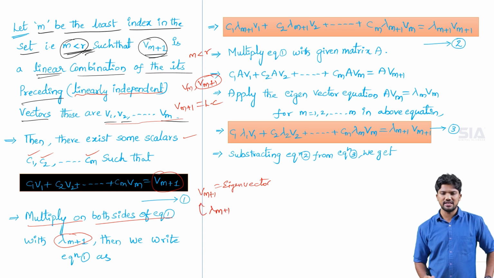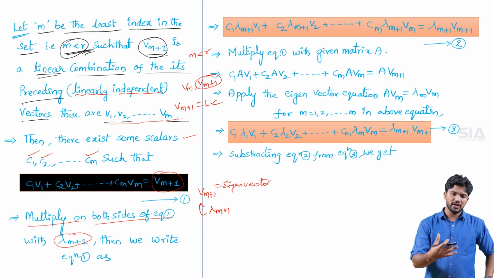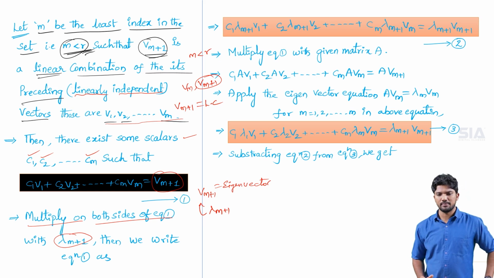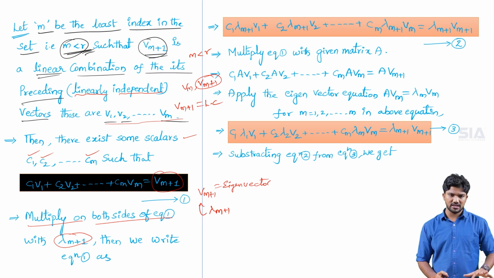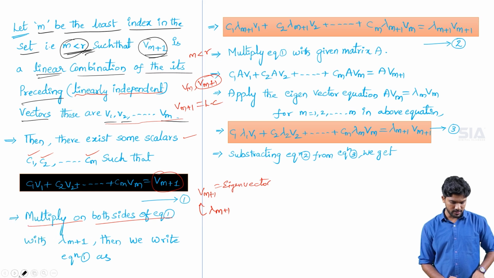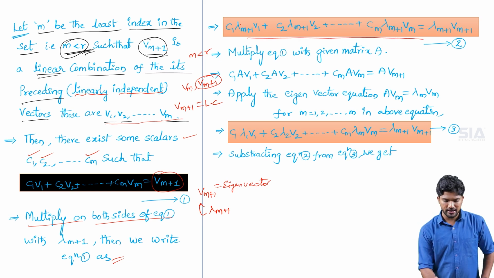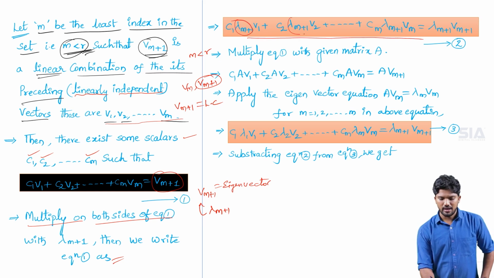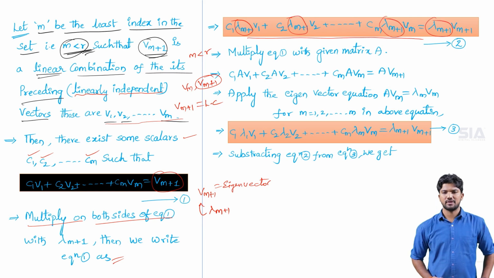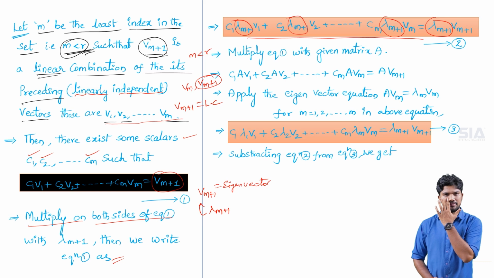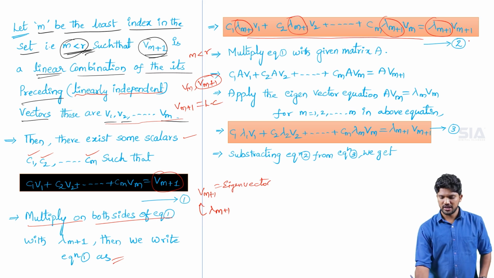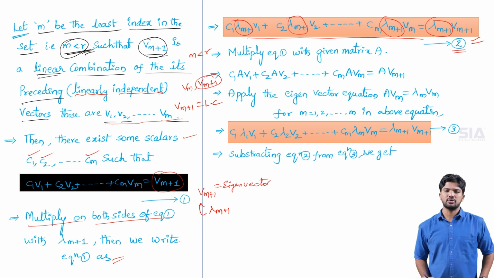The corresponding eigenvalue is lambda m plus 1, and the corresponding eigenvector is v suffix m plus 1. So we multiply equation number 1 with lambda m plus 1, and the resultant equation is taken as equation number 2.